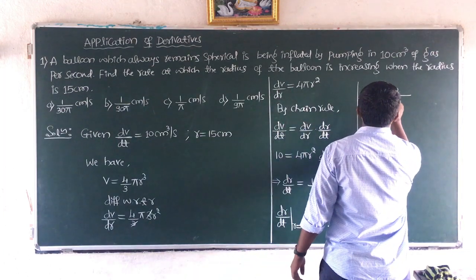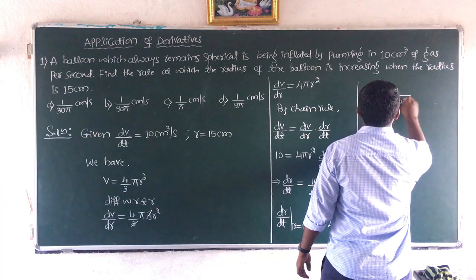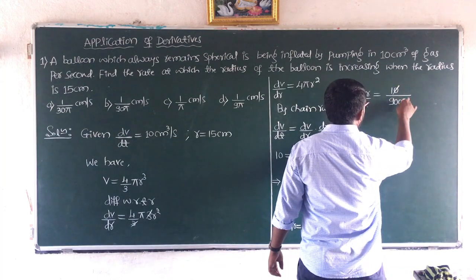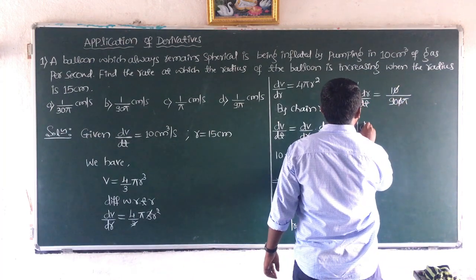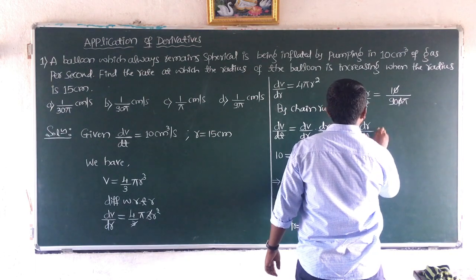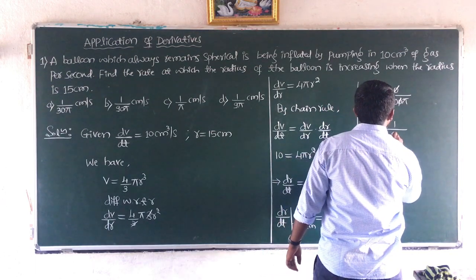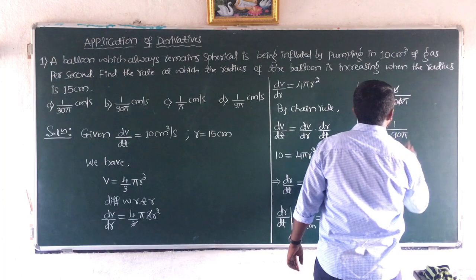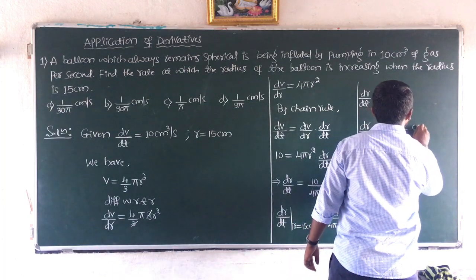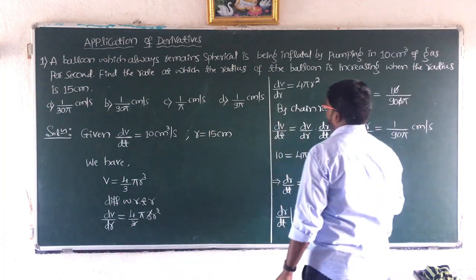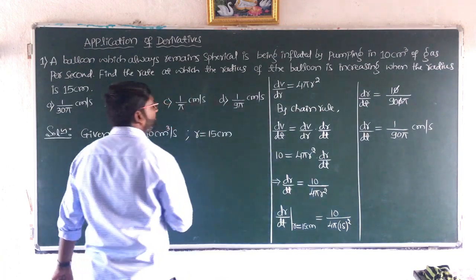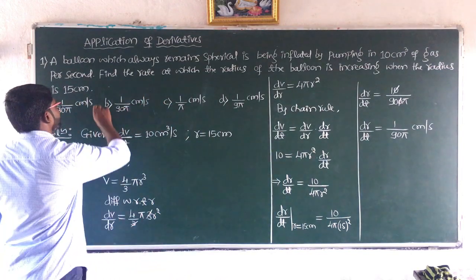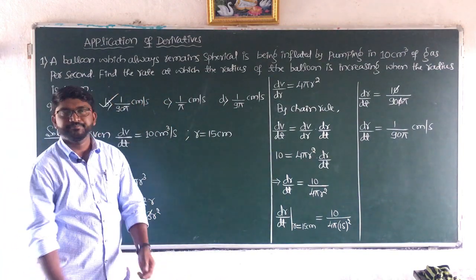So 900 pi. The 0 and this 0 get cancelled. dr by dt equals 1 divided by 90 pi centimeter per second. So the right answer is 1 by 90 pi centimeter per second. It is option B.